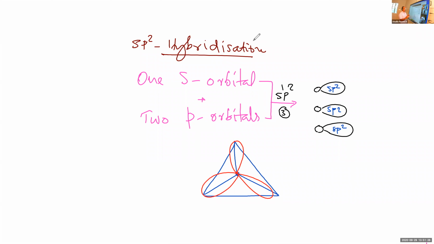So all three sp2 hybrid orbitals lie in the same plane, directed towards the corners of an equilateral triangle, so the angle between them is 120 degrees.